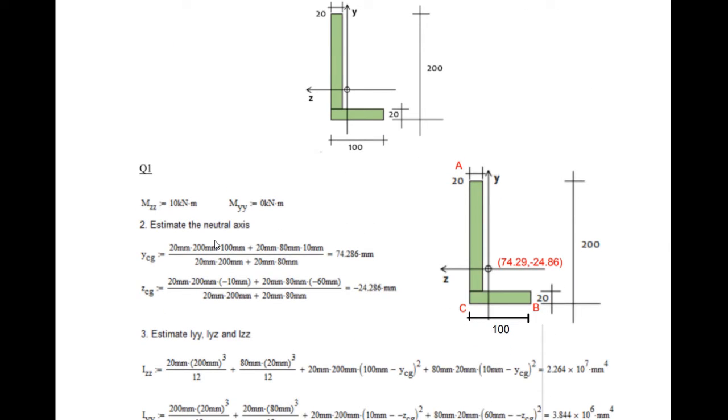Now for the neutral axis the formula is summation of Ai Di upon summation of Ai. So this is the formula. Here we will assume the origin at this point.